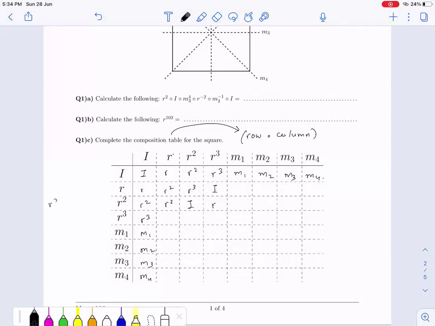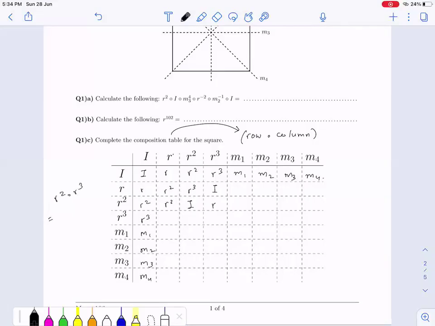This is because R squared composed with R cubed is 180 degrees composed with 270 degrees, which is 450 degrees. Sorry, I think I messed up. It's not a good idea to do it with degrees. You can think of it like this.